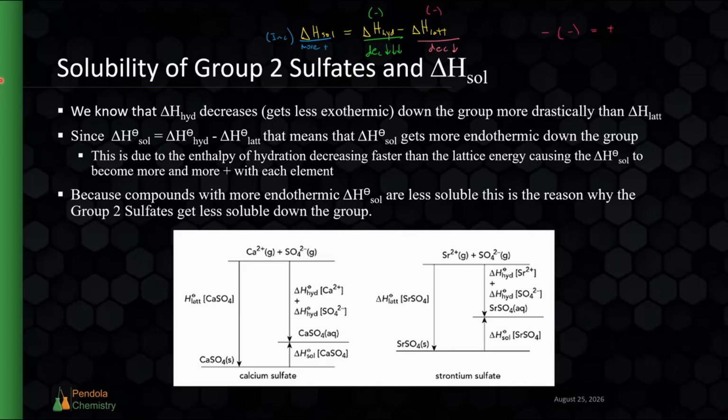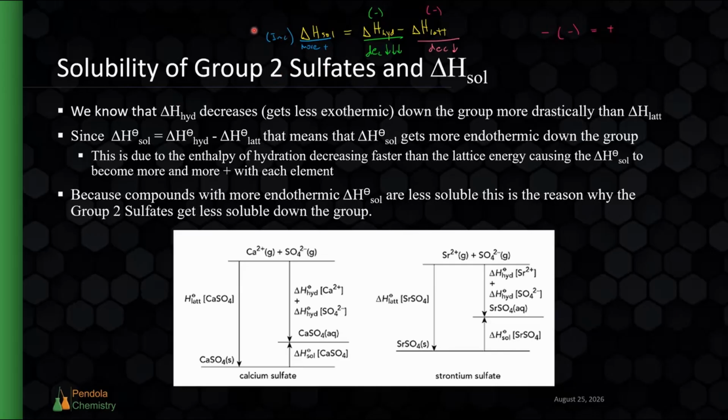Because compounds with more endothermic delta H solutions are less soluble, we are going to get less soluble as we get down the group. Because this gets more endothermic, and the more positive the enthalpy change of solution is, the more insoluble a compound is, then as we go down the group, the compound is less soluble. This is the thermodynamics explanation as to why group 2 sulfates get less soluble down the group.